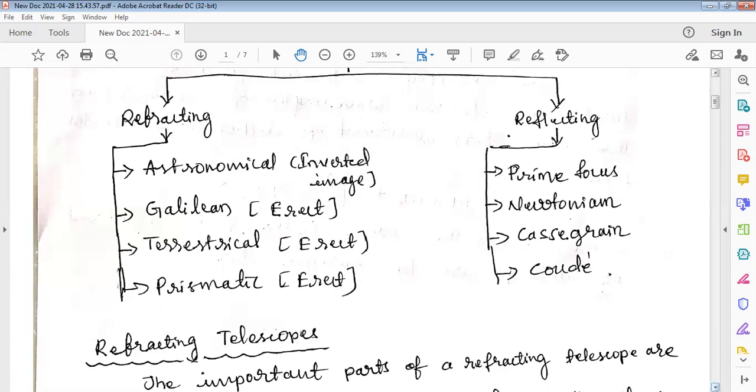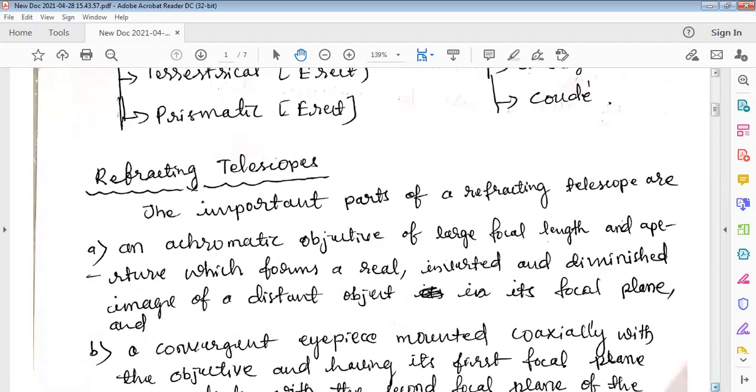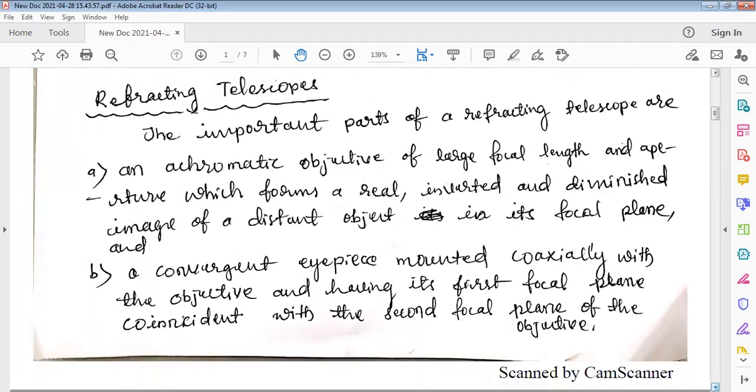Now we will see the refracting telescope, how it is constructed and how it works. The important parts of a refracting telescope are an achromatic objective of a large focal length and aperture, which forms a real, inverted, and diminished image of a distant object in its focal plane.